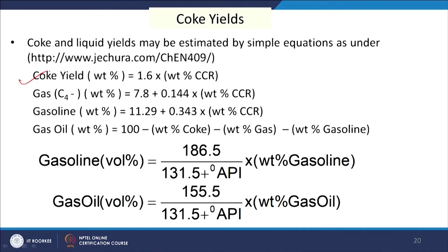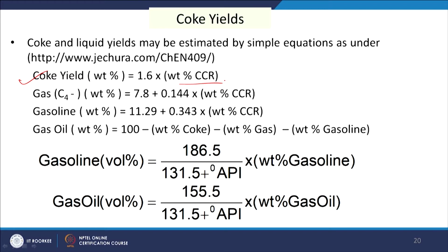Now, there are some empirical relationships to determine the coke yield. If we know the properties of the feedstock, then we can estimate the amount of coke produced during the delayed coking process. So, coke yield in weight percent is equal to 1.6 into CCR value in weight percent.